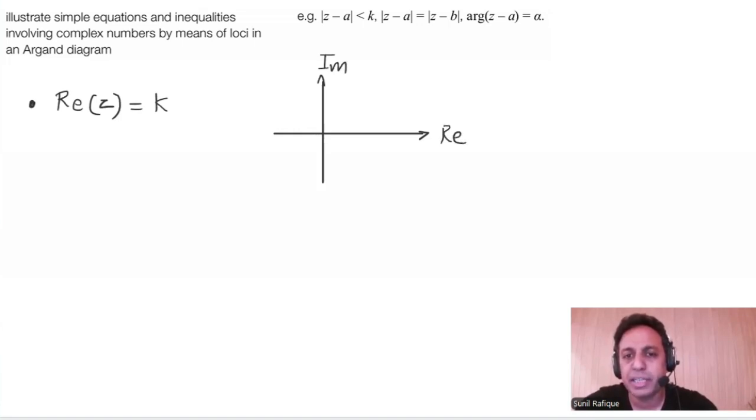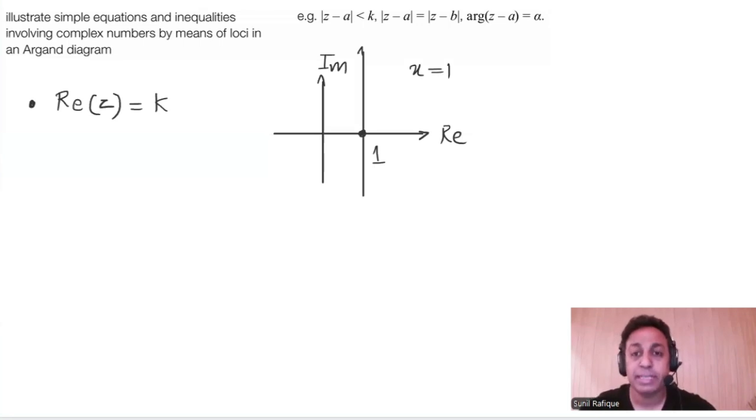So, for example, if I take a point like this, you remember from your Cartesian system, if this is, let's say, 1, how do you used to write this equation in your normal Cartesian system? You used to give its equation like x equals 1, which is a vertical line. So x equals 1 is a vertical line in the Cartesian plane, but if you look at the Argand diagram, this same locus can be written as real of z equals 1, or whatever the point is given.